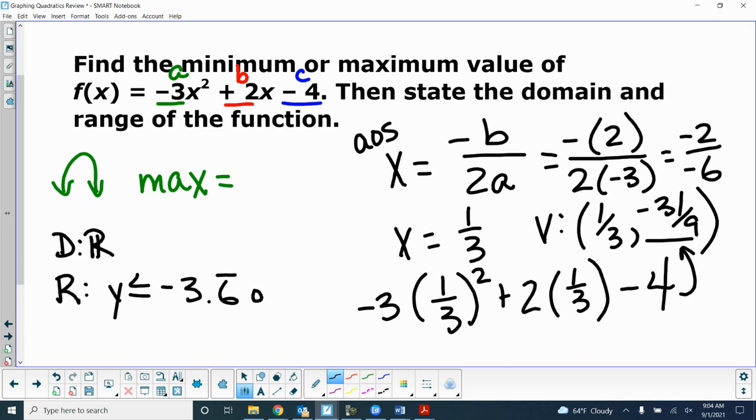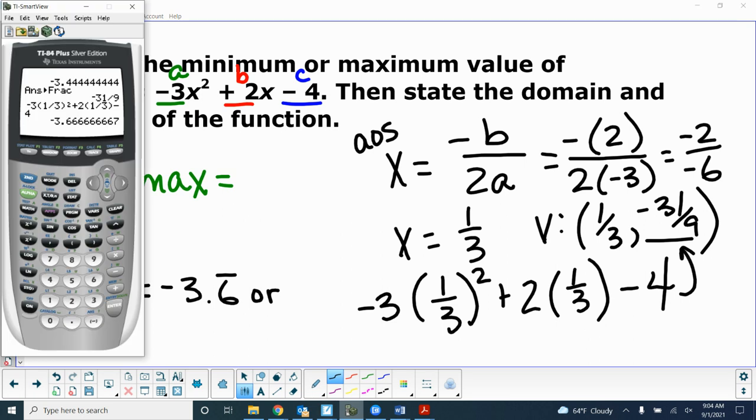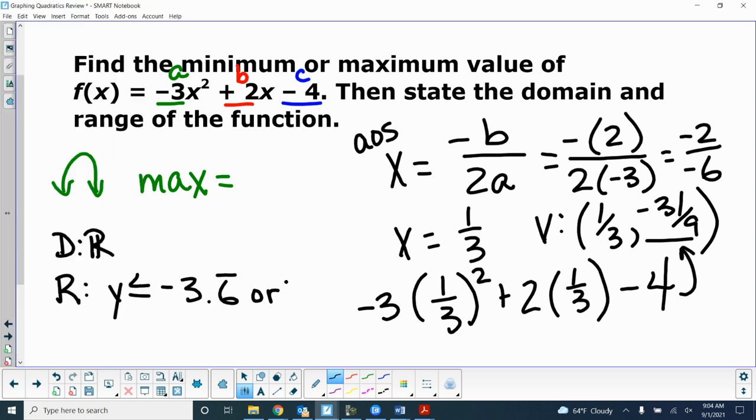Or it's what? 3 times 3 is 9. It was 11/3 as the fraction. Negative 11/3. Yeah. So don't make careless mistakes like I did.